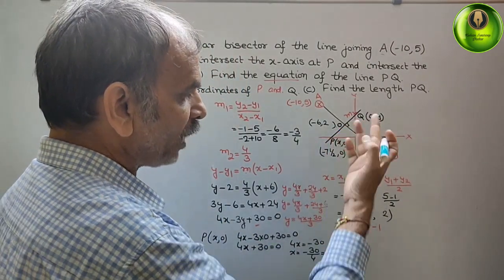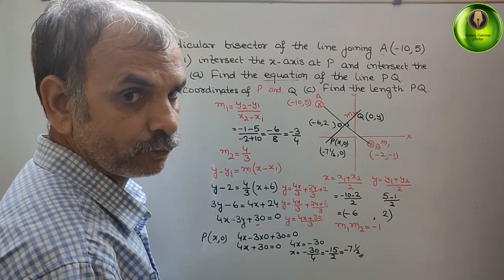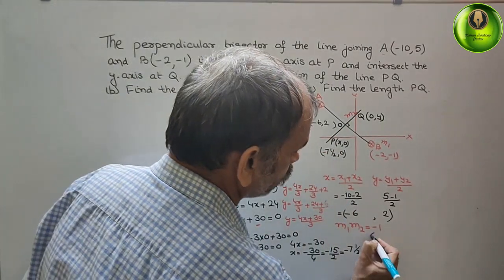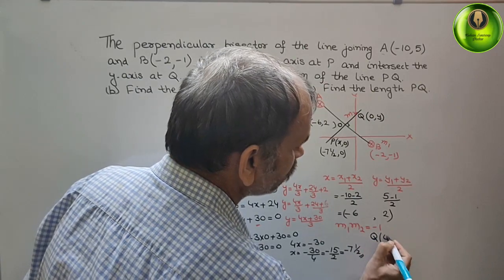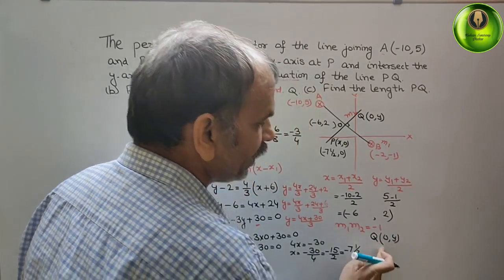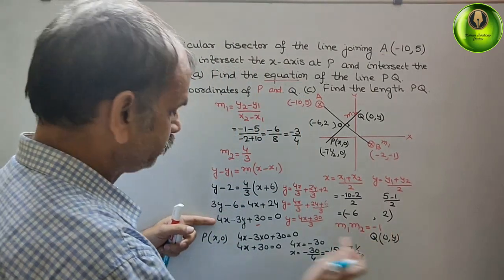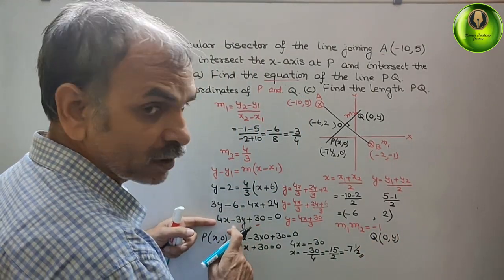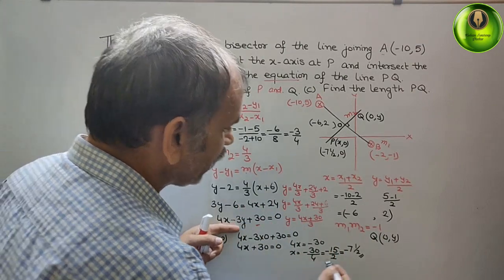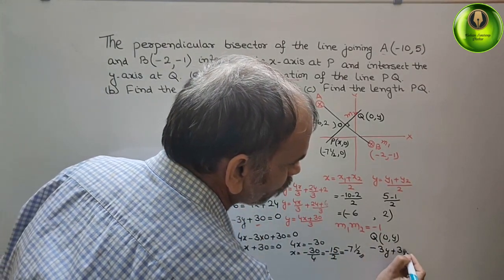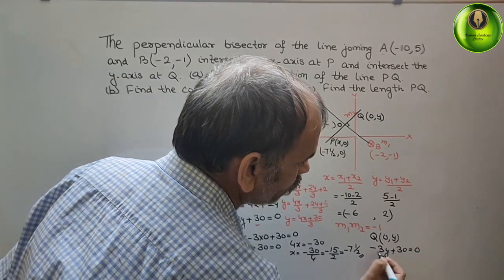Now we will find the value of Q. The coordinate of Q is 0 comma y. In the same equation we will put x as 0 now. So 4x is 0, and the remaining is minus 3y plus 30 is equal to 0.